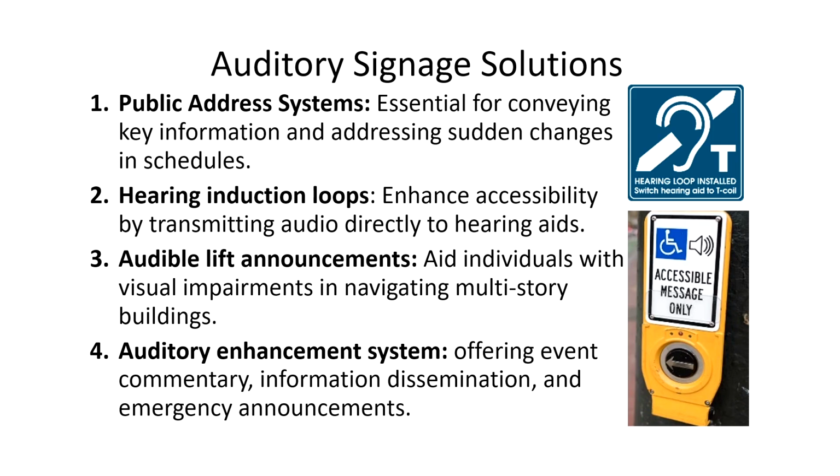So you can see this, which has a button system here. These systems offer various functionalities, including event information dissemination and emergency announcements. These systems assure that individuals with hearing impairment can access the important auditory information during any event.